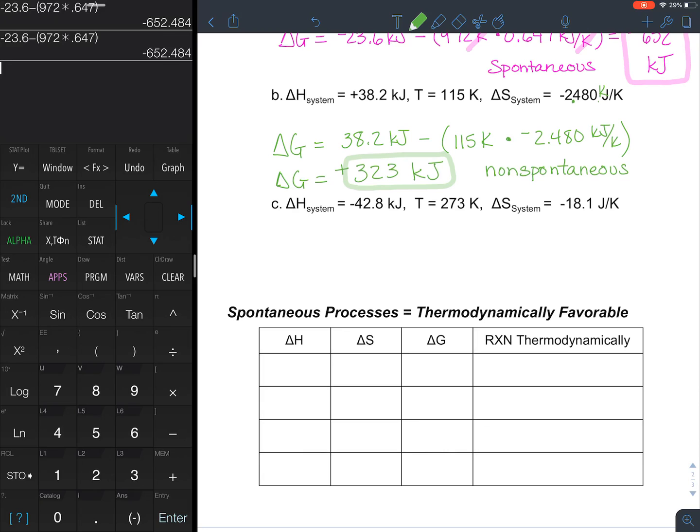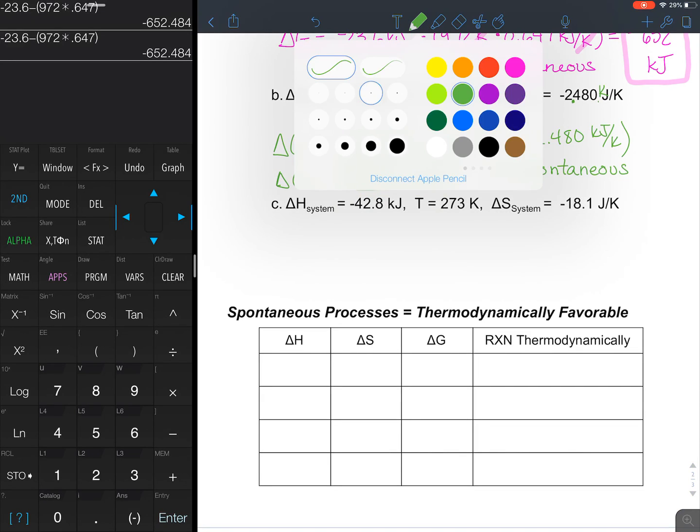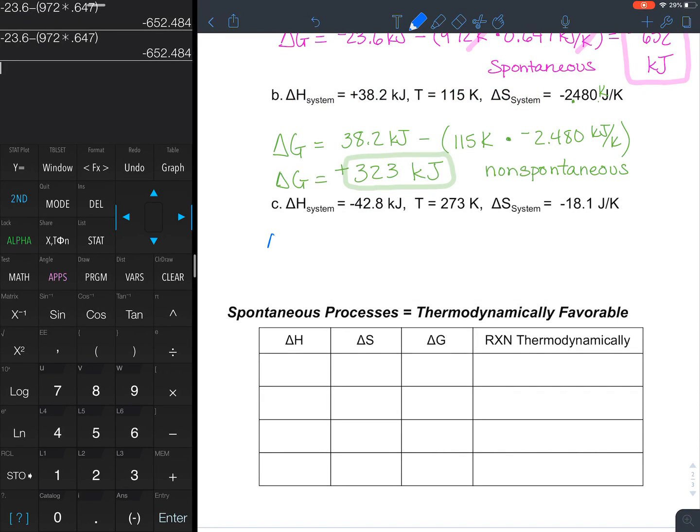Okay. The last one, we'll just go ahead and plug those values in. So delta G, negative 42.8 kilojoules minus 273 Kelvin times, so we're going to move that decimal place 1, 2, 3, so I'm going to have a 0 here, so negative 0.0181 kilojoules per Kelvin.